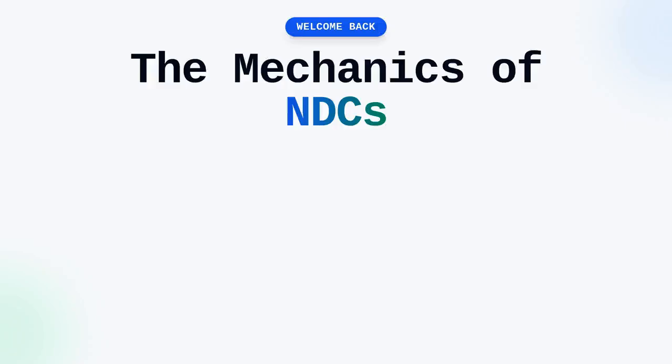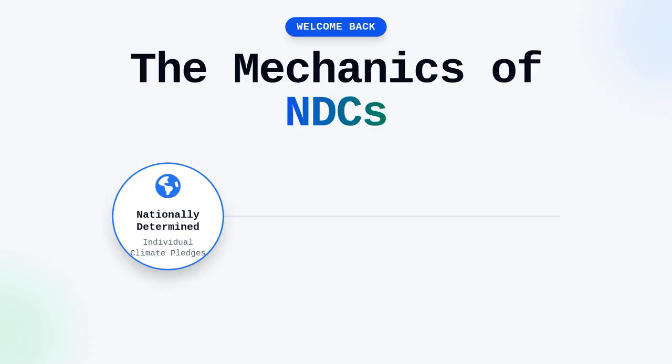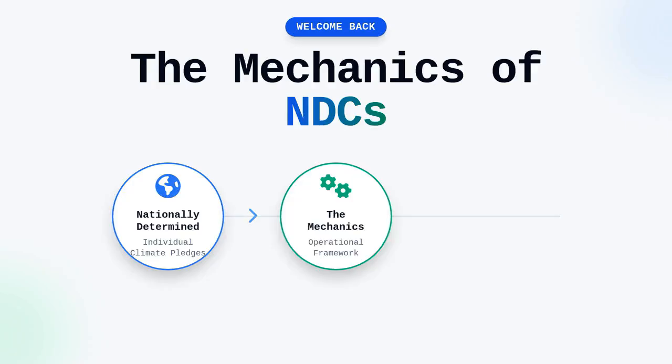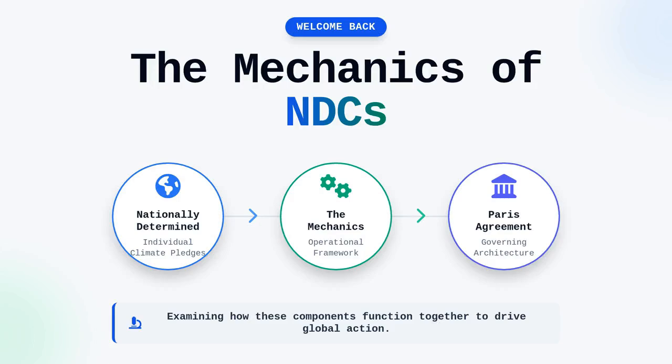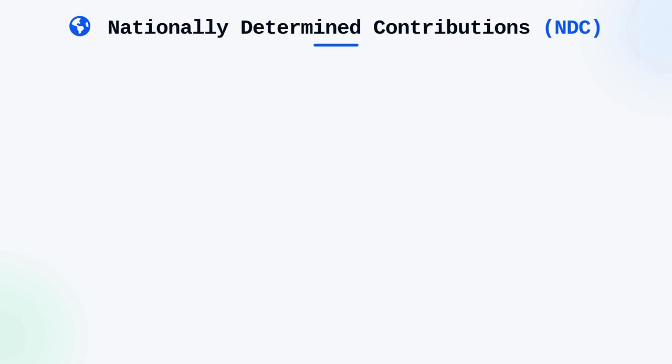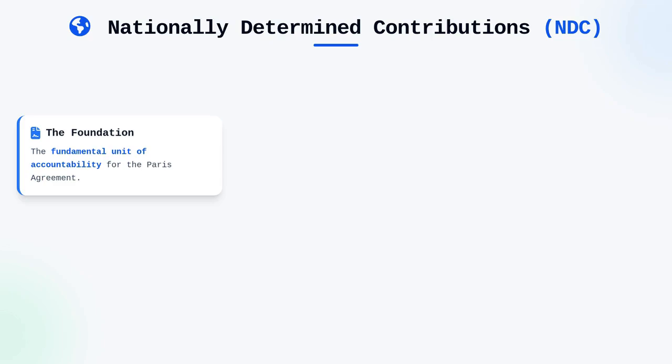Welcome back. In this session, we examine the mechanics of nationally determined contributions as they function under the architecture of the Paris Agreement. The Nationally Determined Contribution, or NDC, serves as the fundamental unit of accountability for countries participating in the Paris Agreement. Each party is required to prepare, communicate, and maintain successive plans that outline their commitments to mitigate greenhouse gas emissions and adapt to climate change.